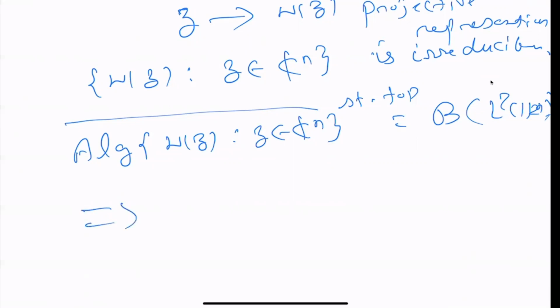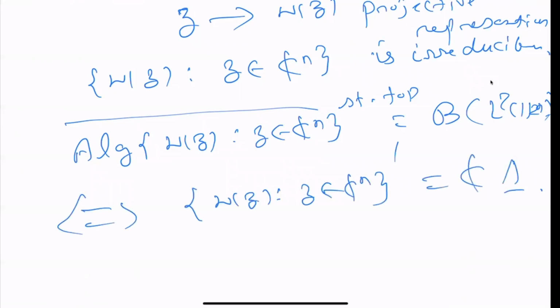This is equivalent to saying that you take W of Z, Z in Cn, and take the commutant, all operators commuting with this. That is just scalars. That tells you that there is no invariant subspace. This is because of what is called the double commutant theorem, which we proved last time.